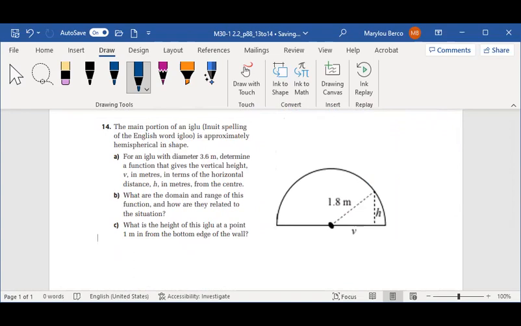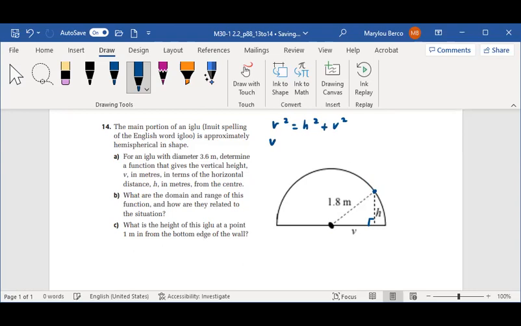Well, the radius is 1.8, and any point on the igloo will be at the end of the hypotenuse on the right triangle. So r squared equals h squared plus v squared.